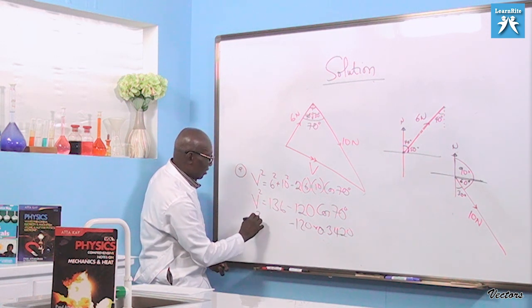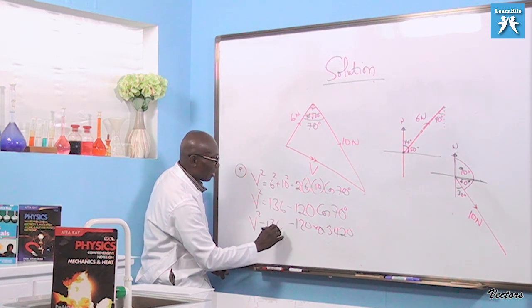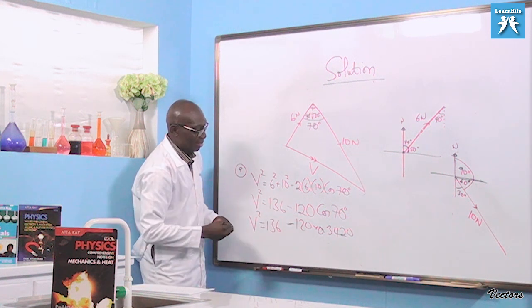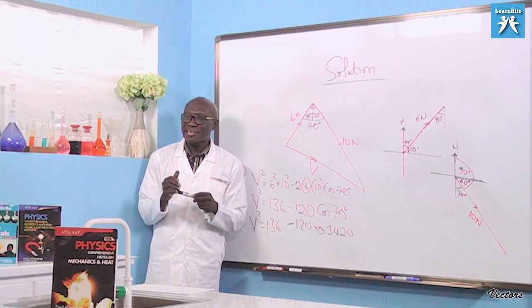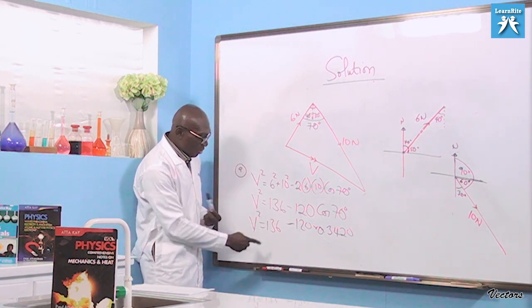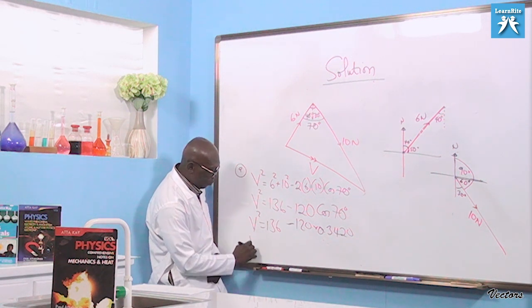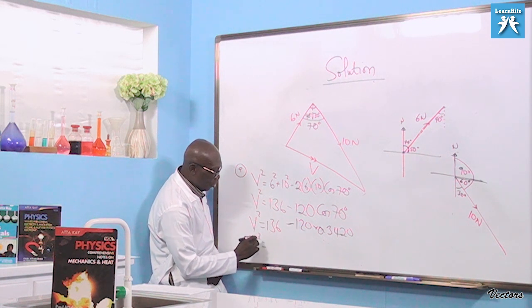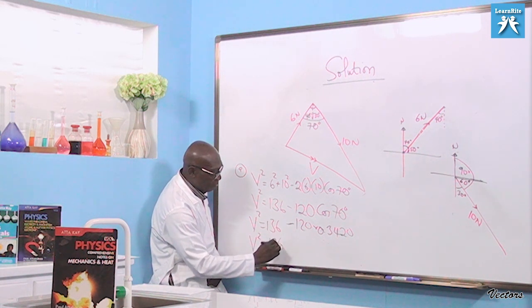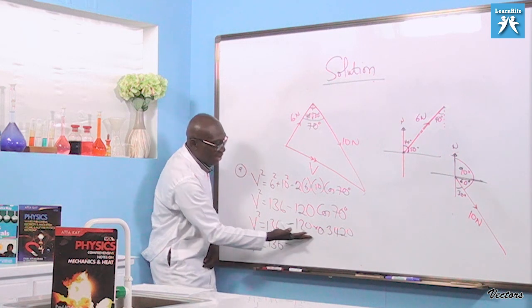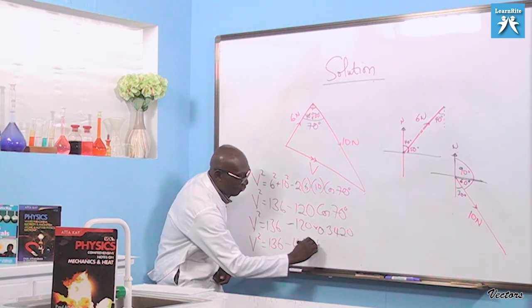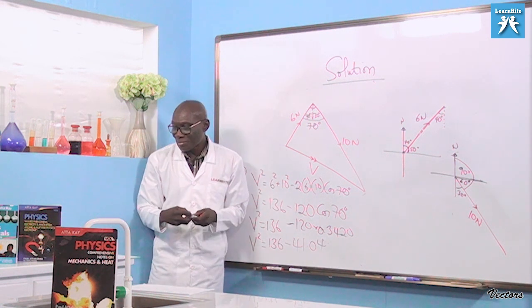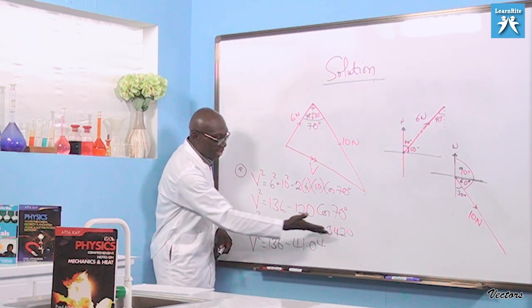So v squared is 136 minus that. Students, I hope you are following it. When you evaluate this side, you are getting 41.04.